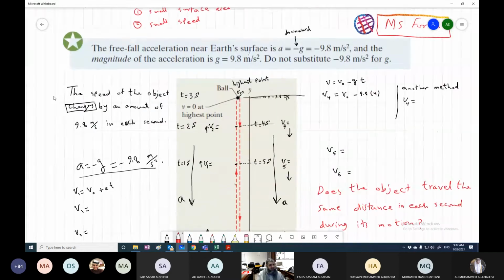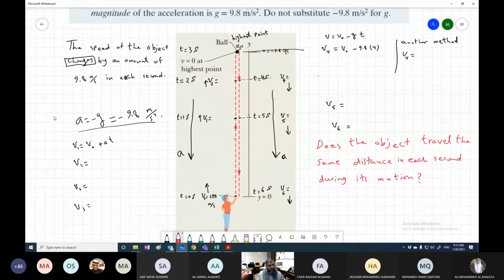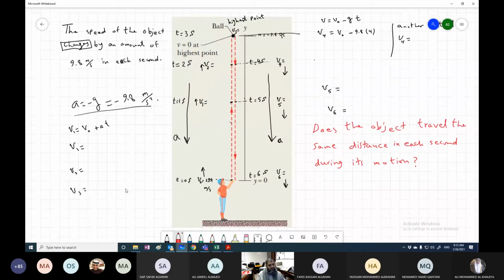Let us take this example in front of you. Here you have a boy, and the boy is throwing an object upward. It will move up, reach the highest point, then come back to his hand again.